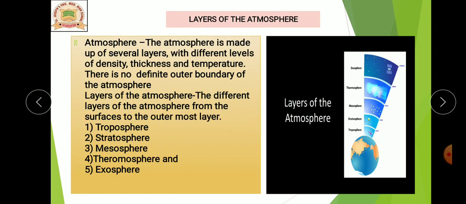Next, layers of the atmosphere. The atmosphere is made up of several layers with different levels of density, thickness and temperature.